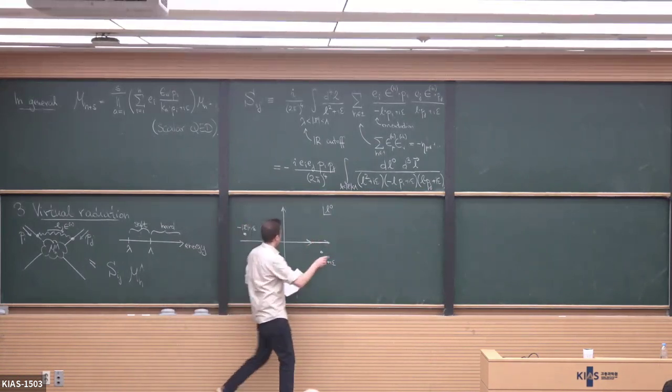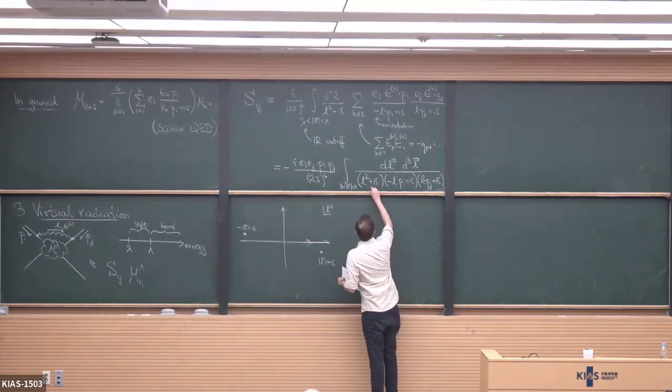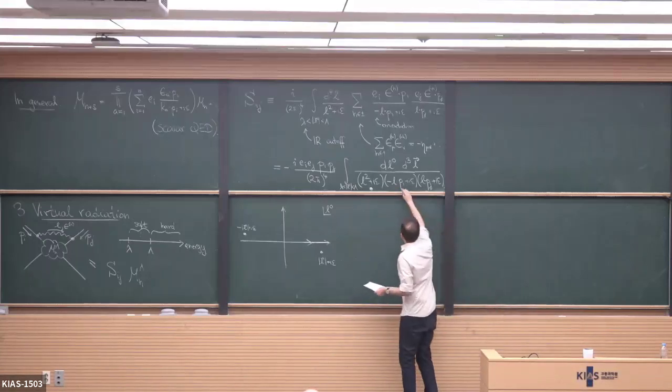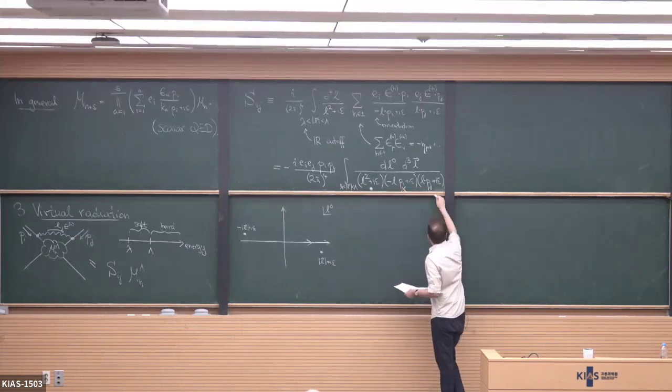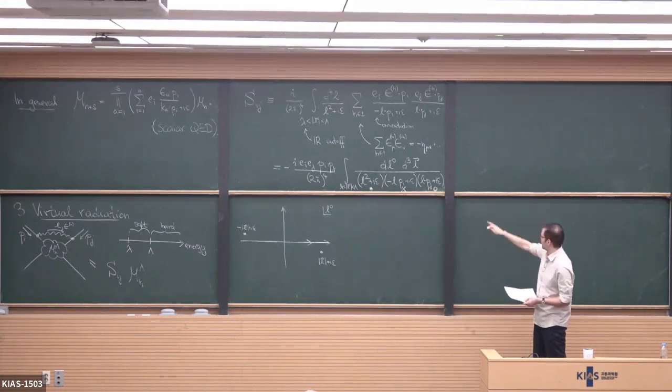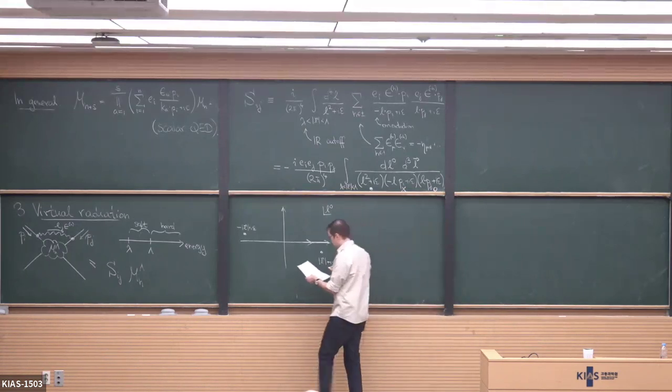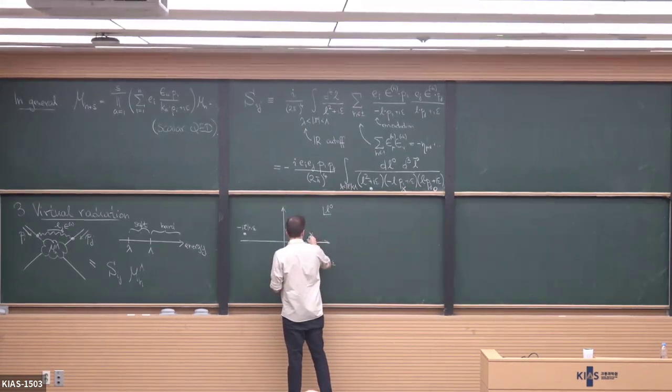Let me use the notation. These ones I'm going to denote with white dots, these ones with crosses, and these ones with black, or maybe I should say green dots. In this convention, there's going to be a pole somewhere here.